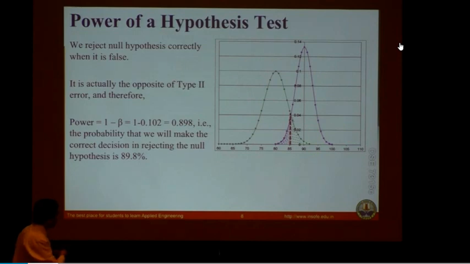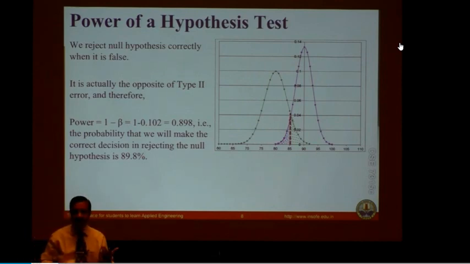That is not the entire thing. Incorrectly accepting means I know the reality that null hypothesis is not correct. So this is the correct hypothesis, alternate. What is the probability that I am accepting 90% getting cured? Acceptance of 90% getting cured is only when more than 85% people get cured. So this is the area.